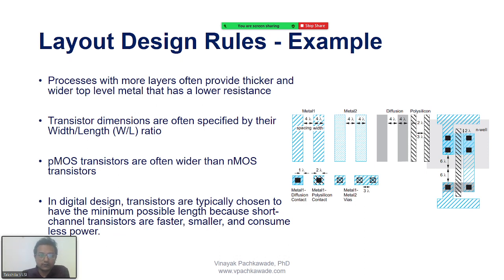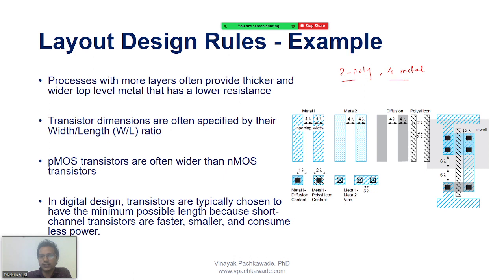So last session we talked about some layout design rules, right? We discussed a particular process that has two poly layers and four metal layers, and a lot of processes have this kind of configuration.